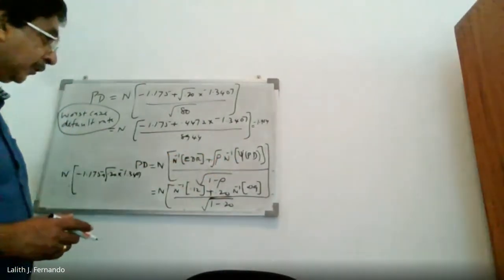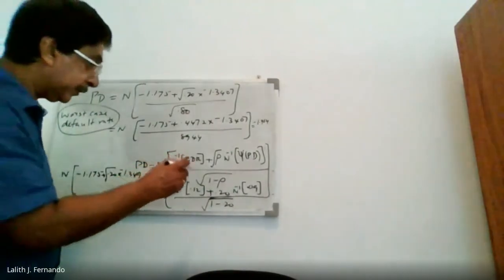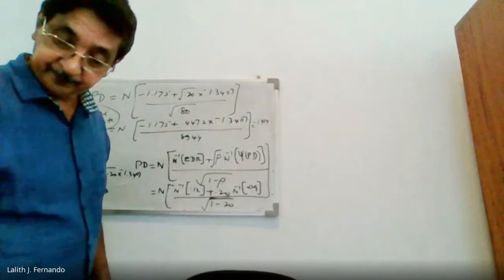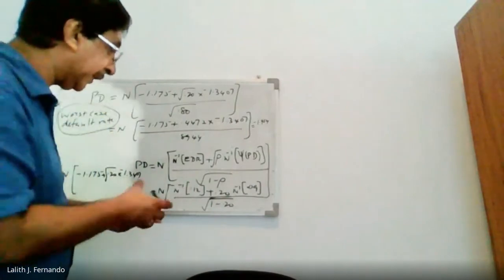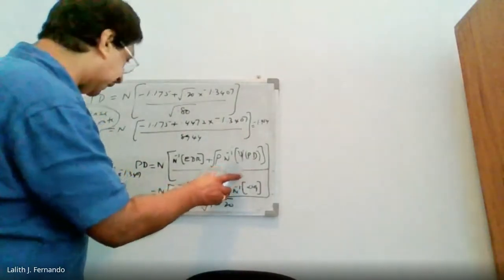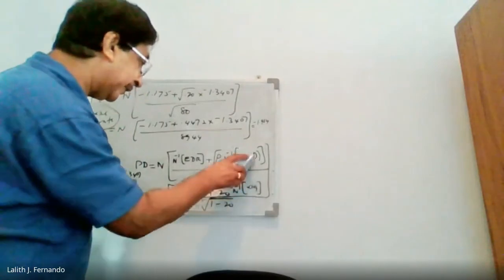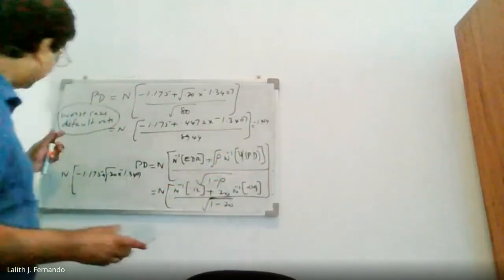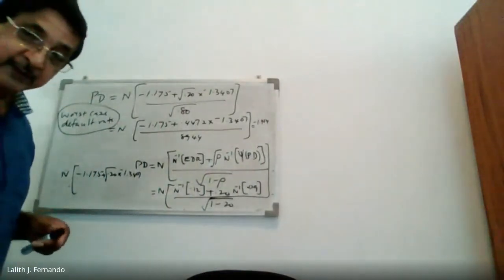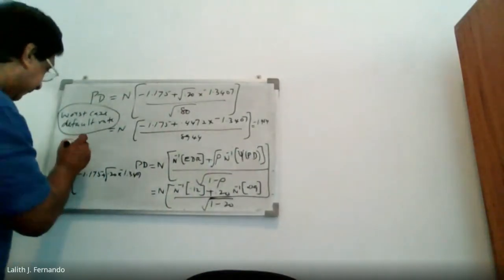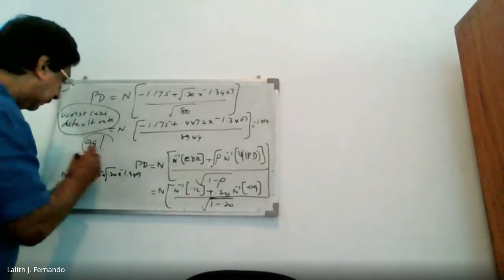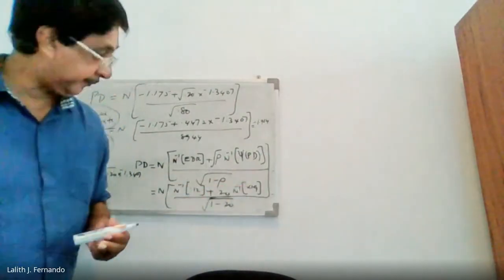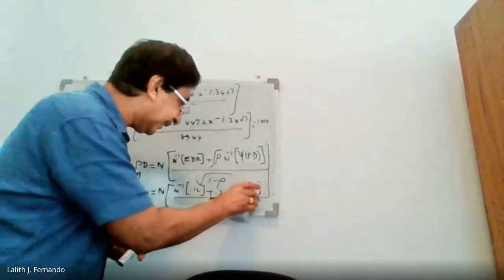The only thing is you need to change this cumulative frequency, or cumulative distribution of probability. This one only changes. Now say the worst case default rate confidence level is taken as 99%. Here it should be 0.99.